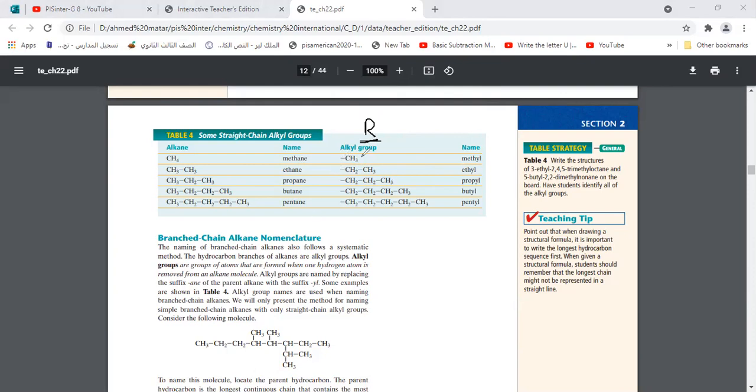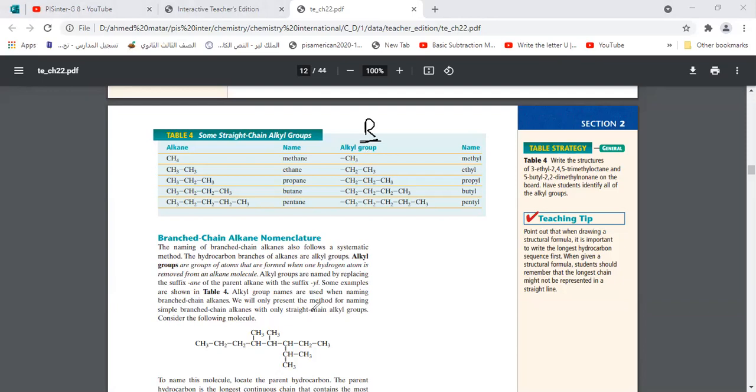So that's the simplest way to name the hydrocarbon alkanes: we count the number of carbons, mention the prefix of the number, and then the suffix "ane", so that's the name.